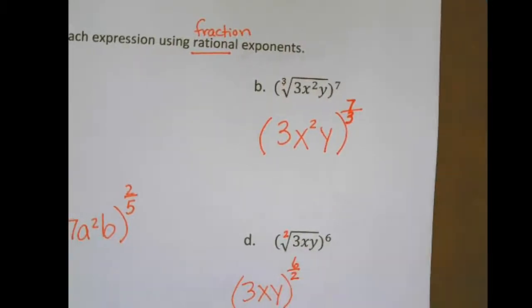The 2 becomes the denominator. But I should not leave that one like that. What is 6 over 2 equal to? You should always reduce your fractions to lowest terms. 6 divides by 2, and so that would be the same as a power of 3. I don't believe any of my other examples reduce to lowest terms.